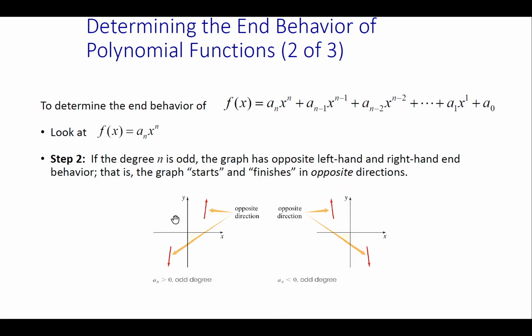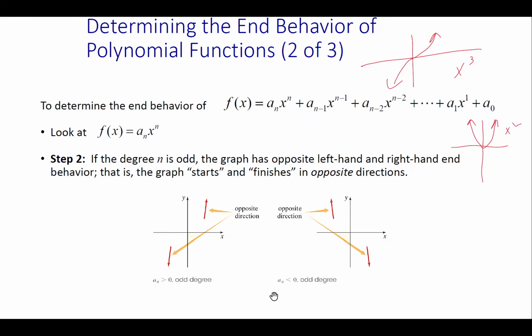And depending on whether n is odd or even, we have two different cases. Look here. If the degree n is odd, the graph has opposite left hand and right hand sides. We know that by looking at the graph of x cubed, because it's odd, so this would be opposite. If it's even, for example the graph of x squared, this would be on the same side.